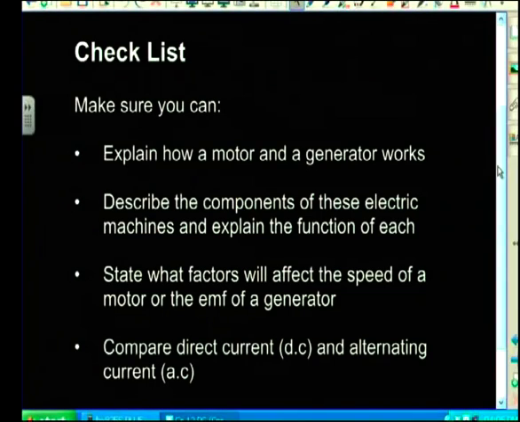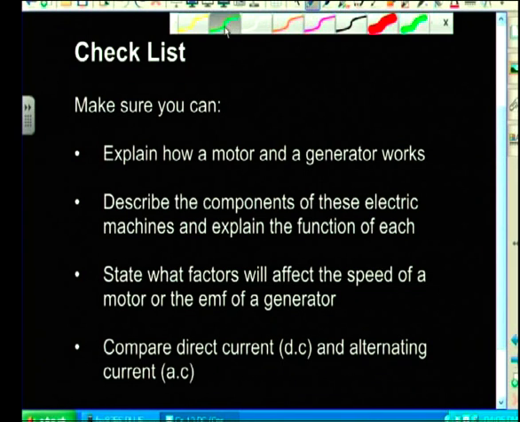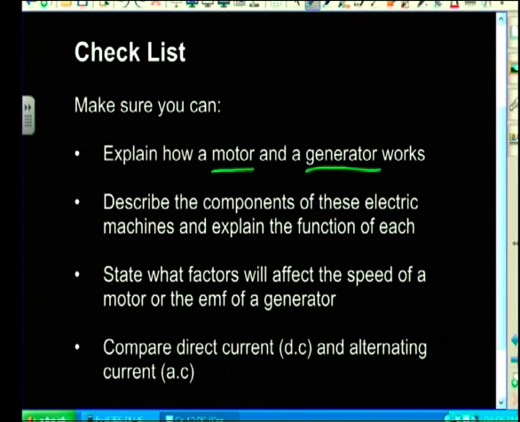So number one, you must be able to explain how a motor and a generator works. This is really important because a motor and a generator are very different. Remember, a motor uses electrical energy and changes it to mechanical, whereas a generator takes mechanical energy and changes it into electrical.